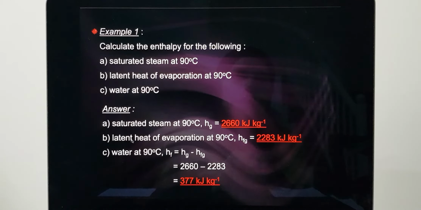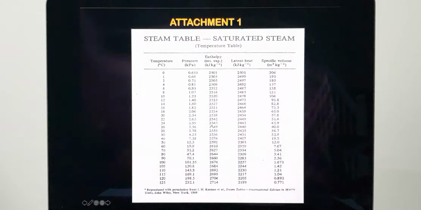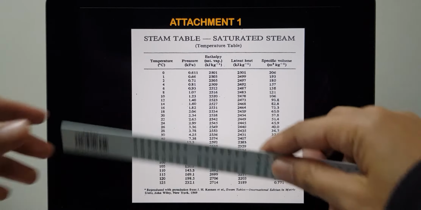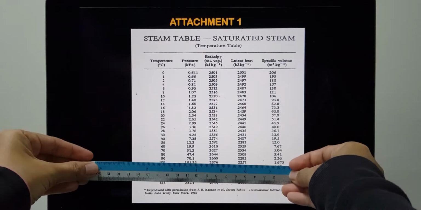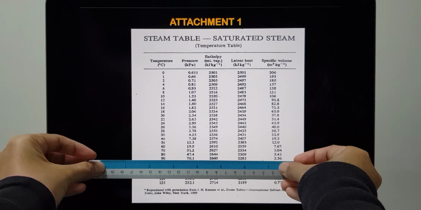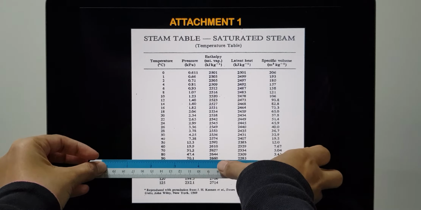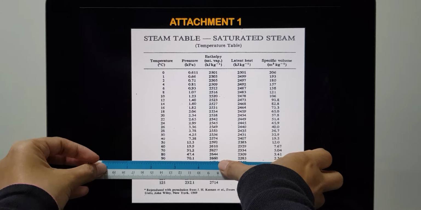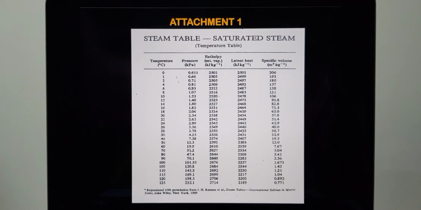Saturated steam at 90 degrees Celsius is denoted as Hg, saturated vapor over here. Then you look at 90 degrees Celsius. You need to use a ruler for the steam table. By using a ruler at 90 degrees Celsius, you will see the value of saturated vapor is 2660, and the unit is kilojoule per kilogram.